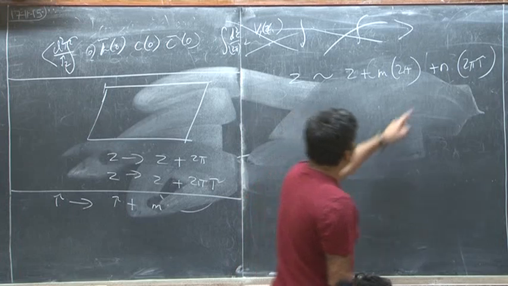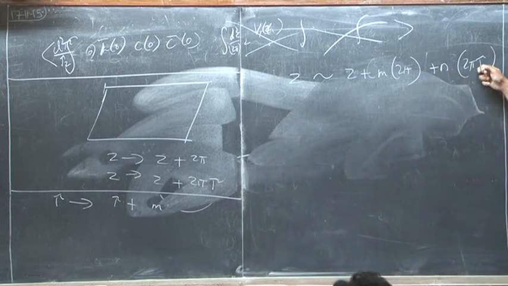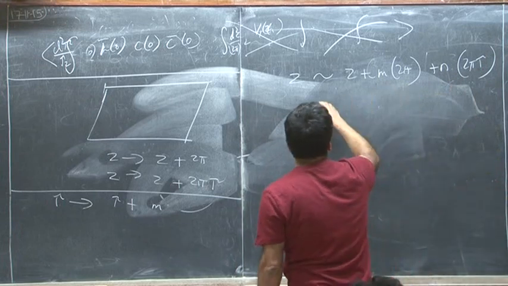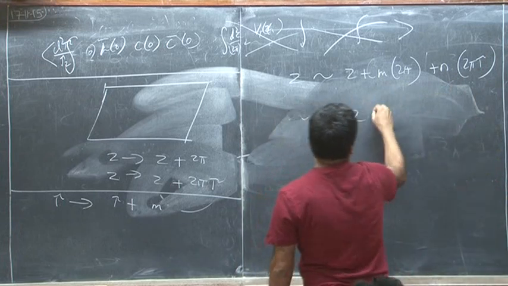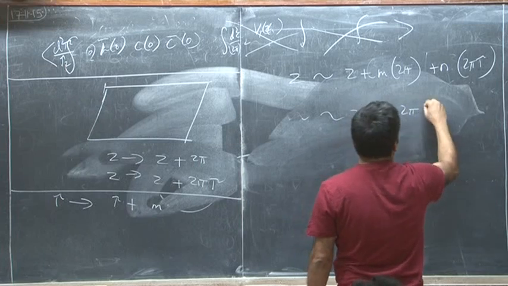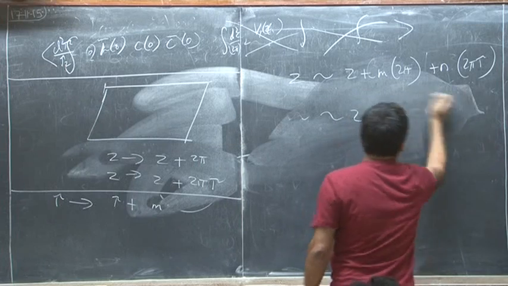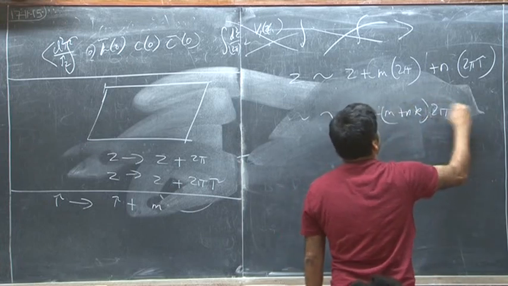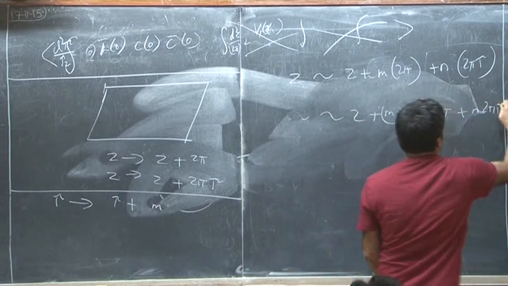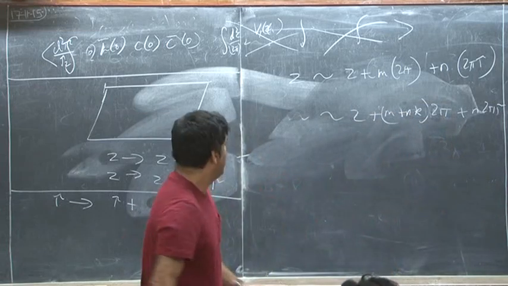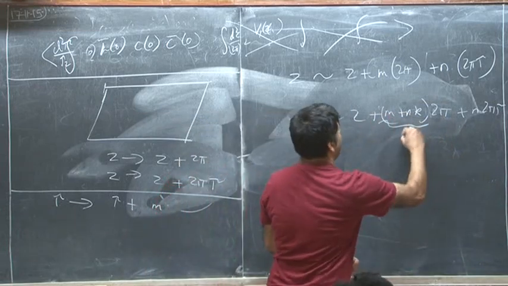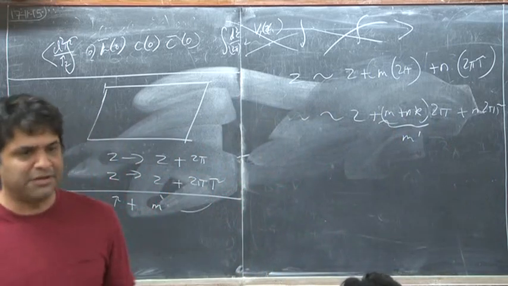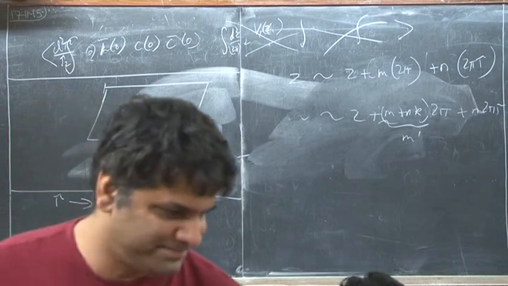Now suppose I take tau to tau plus some k. What is this doing? This is doing z goes to z plus m times 2 pi plus n k 2 pi plus n 2 pi tau. And just by redefining this to be m prime, because this identification is true for all m, it's the same identifications.